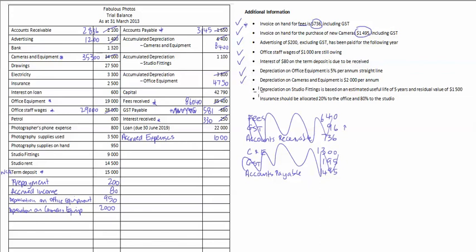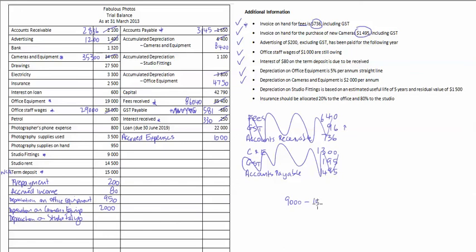And finally, depreciation on studio fittings is based on an estimated life of 5 years and a residual value of 1,500. Okay, so where are they? There they are there, studio fittings. So that's 9,000. We're going to sell it for 1,500, so we don't need to include that.